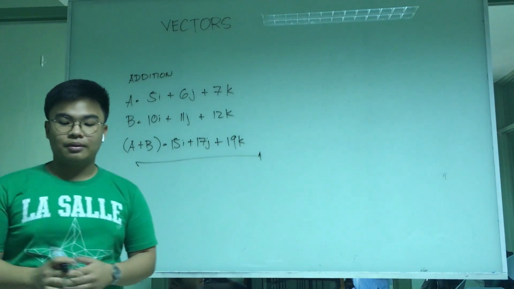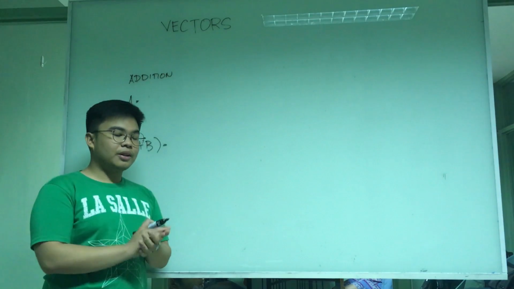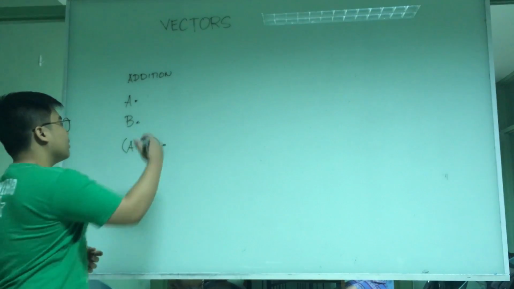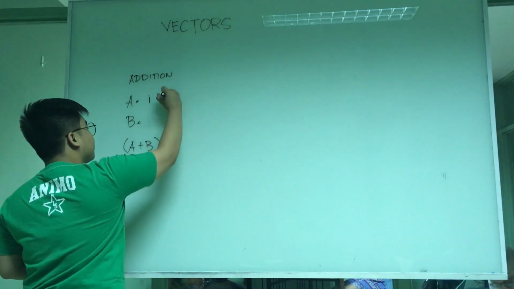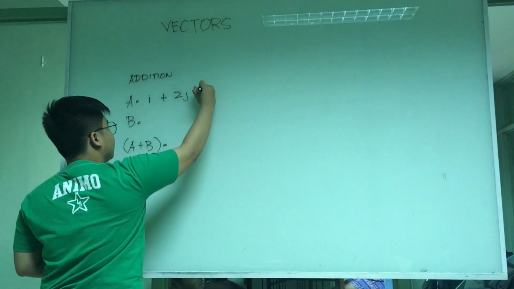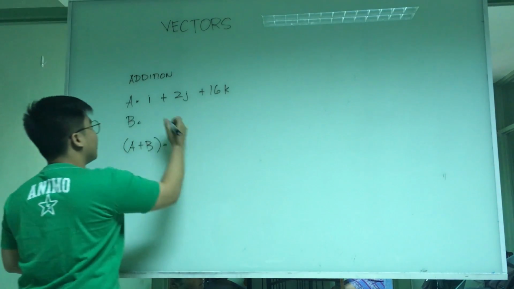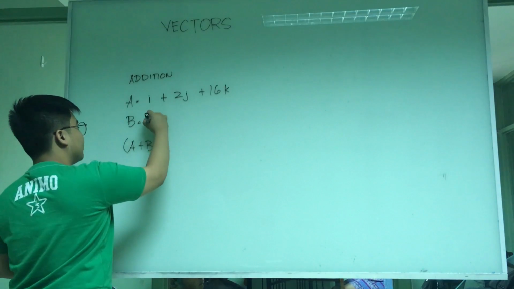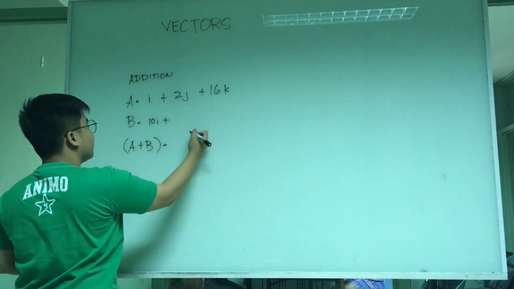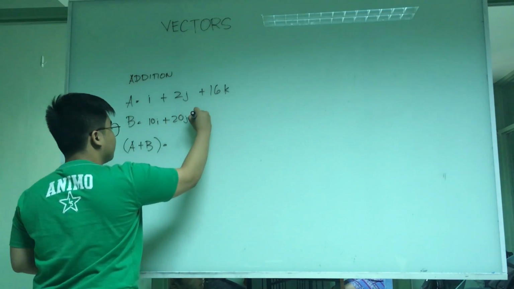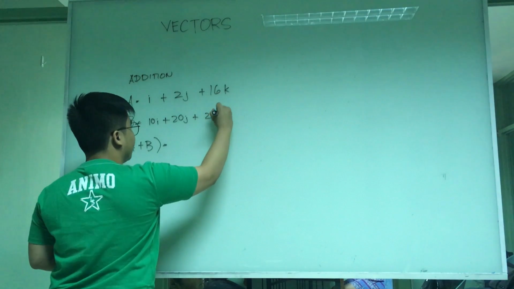It's an example. So we're going to do another example. A is 1i plus 2j plus 16k. In B, we've got 10i again, 20j plus 2k.